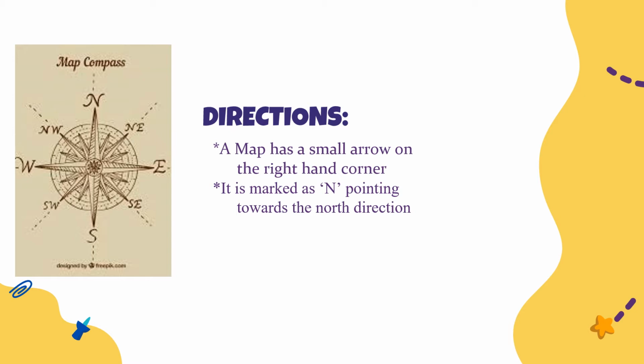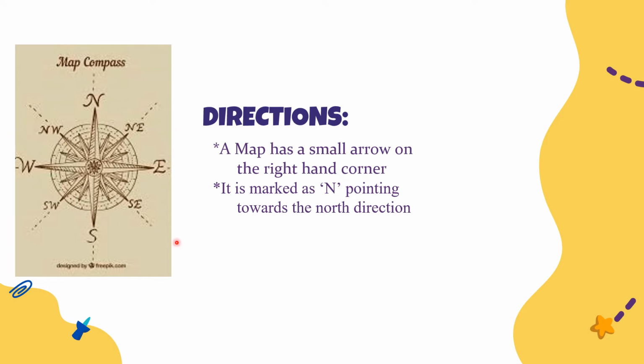All the places are shown with north as upward direction and south as downward, and east and west: east on the right side and west on the left side. So here you can find the directions, that is north, south, east and west.